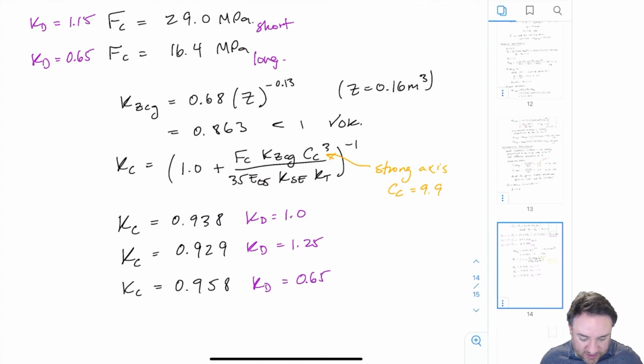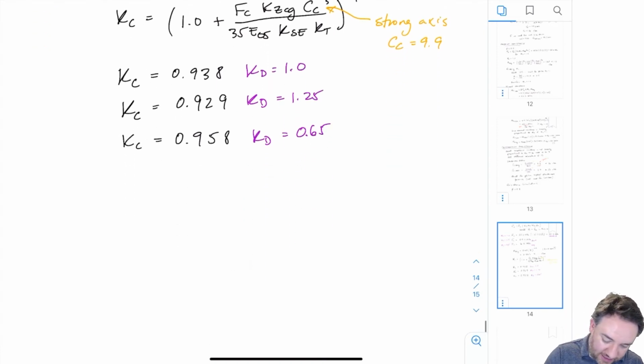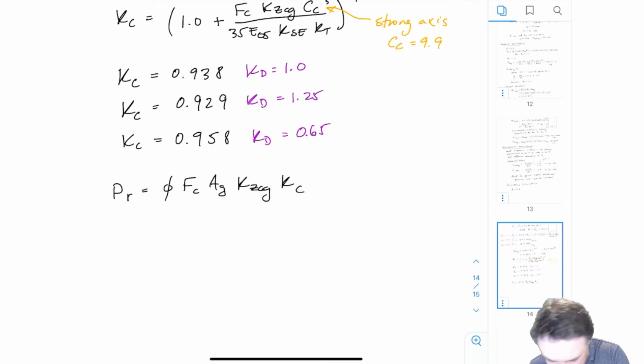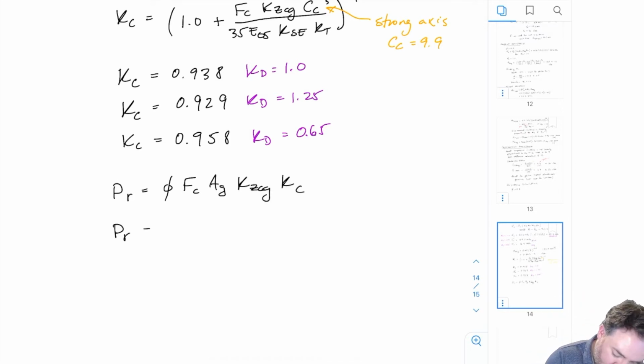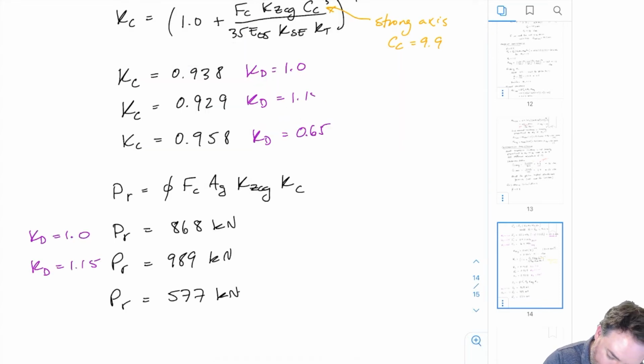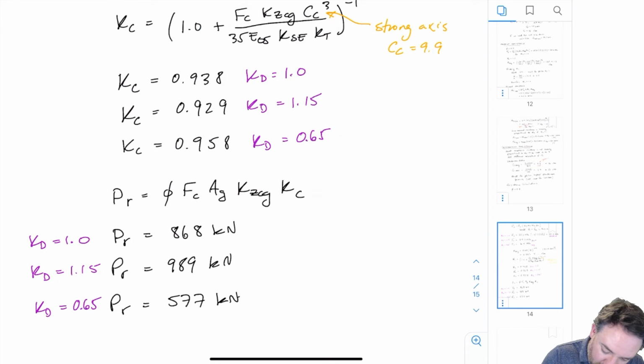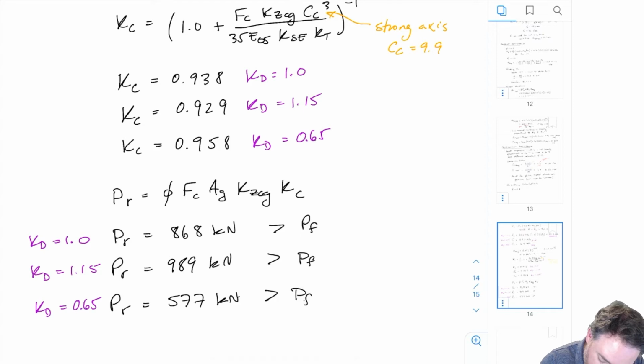Okay, so now that I have these different KCs, I have the different FCs, I can go ahead and calculate my PR for each. And the equation is like this. And so I'm going to do that for each. Okay, so now I can compare each of these to the PFs that are associated with each of those KDs, the worst cases.